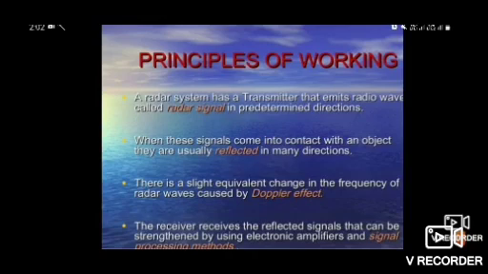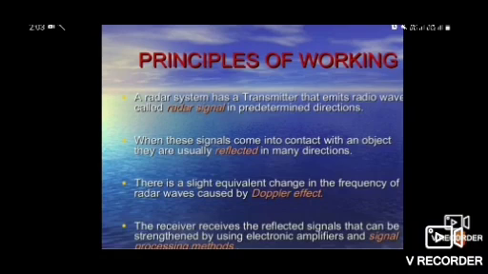When the signals strike or touch the target, we get reflected back signals, called echo signals or reflected signals. The reflections also happen in many directions, not within one particular direction.